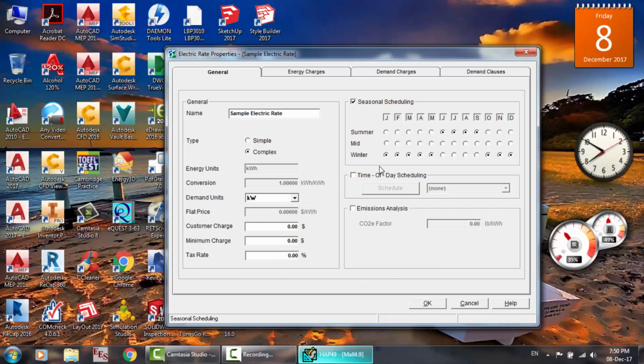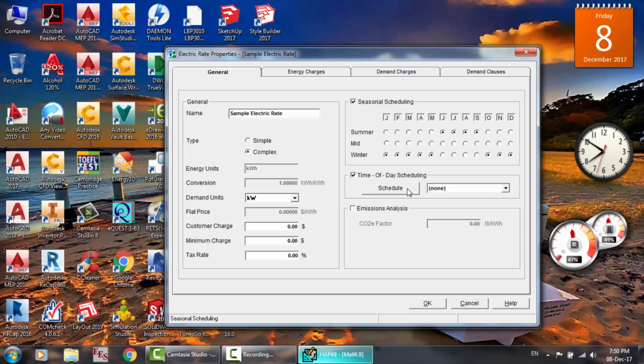Also, suppose that you have different prices through the day. So here is the time of day scheduling. Suppose that the consumption during the peak of the day has a price, and another time has another price.